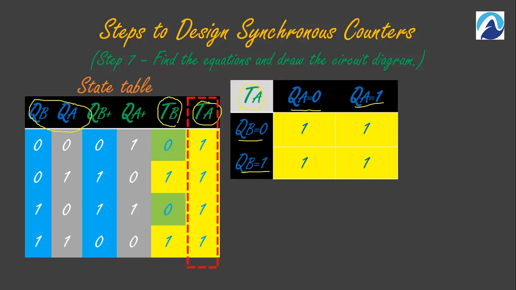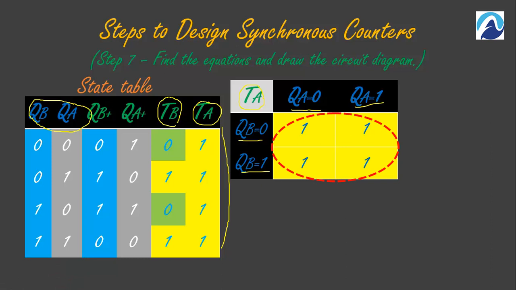I need to fill this column in the K-map. All the values are 1, so I'm going to fill 1, 1, 1, 1. After filling the K-map, we need to do the grouping, and it is easily visible that one quad is possible in this case.